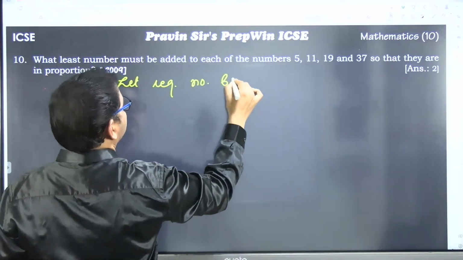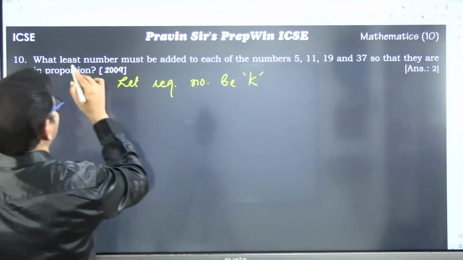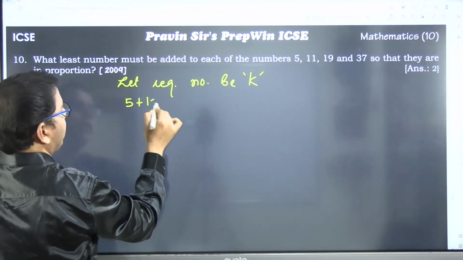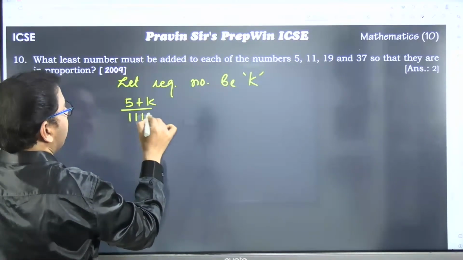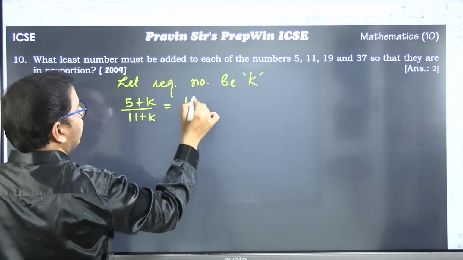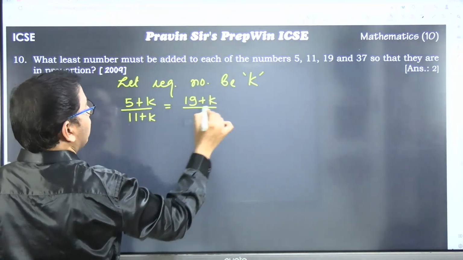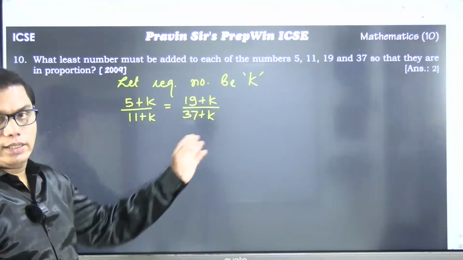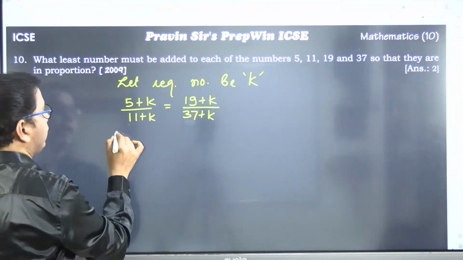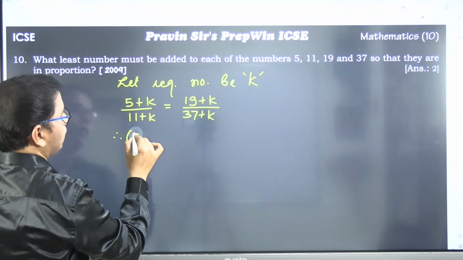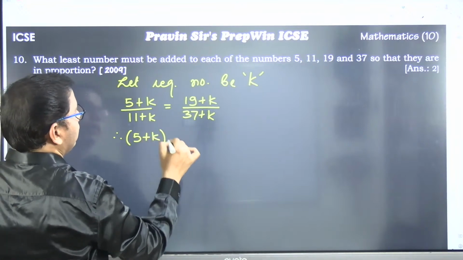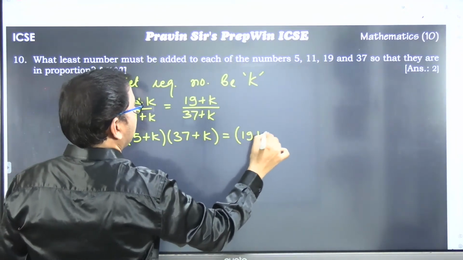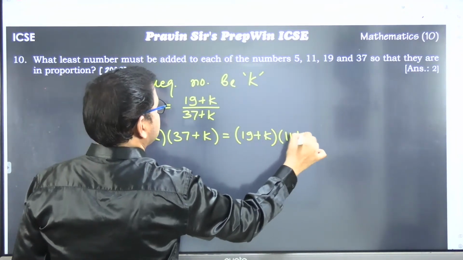What least number must be added to each one of these? 5 plus k, k is added to 5. 11 plus k, k is also added to 11, k is also added to 19, k is also added to 37. Then they should be in proportion. Proportion means their ratios are equal. Now cross multiplication. 5 plus k into 37 plus k is equal to 19 plus k into 11 plus k.